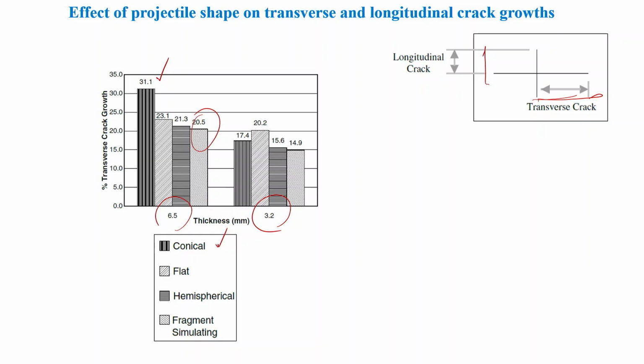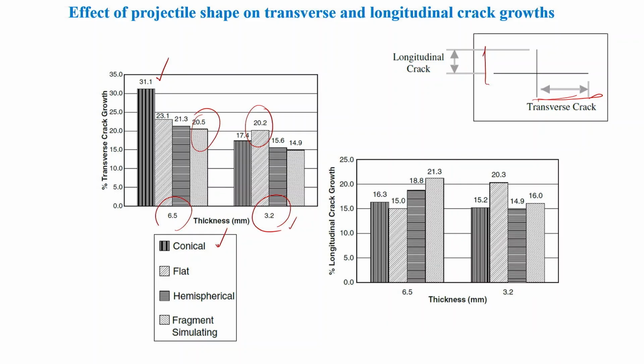So, higher crack growth means higher energy absorption. The similar trend is also there for 3.2 millimeter, although there is some deviation for the flat one, but the trend is almost similar.